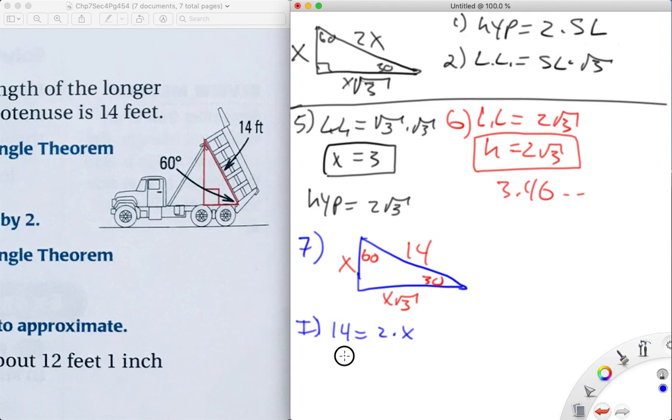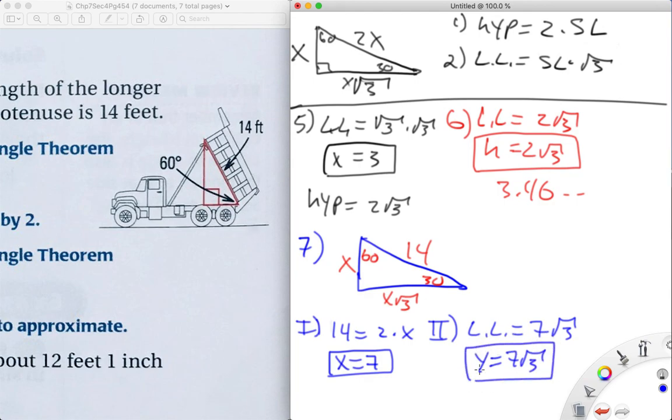And the short leg is equal to 7. And in part 2, now that you have the short leg, you can find the long leg. And you can say that the long leg is equal to the short leg times the square root of 3. And that equals, call that y, 7 root 3.